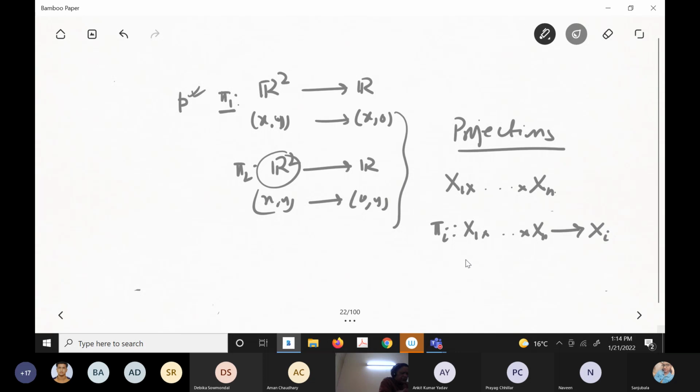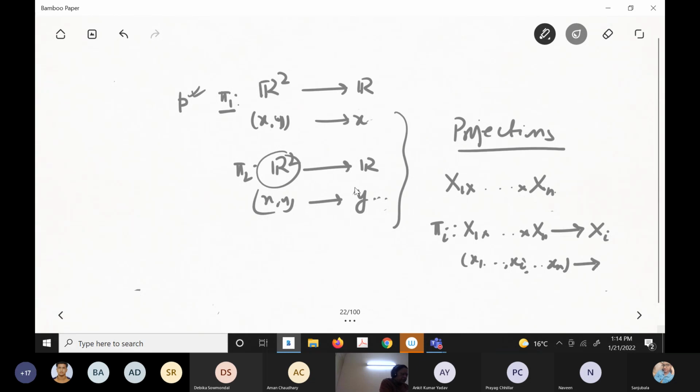What is the projection? If you take x1 to xn going to xi, it is the projection to the ith coordinate, and this is the x-axis here.